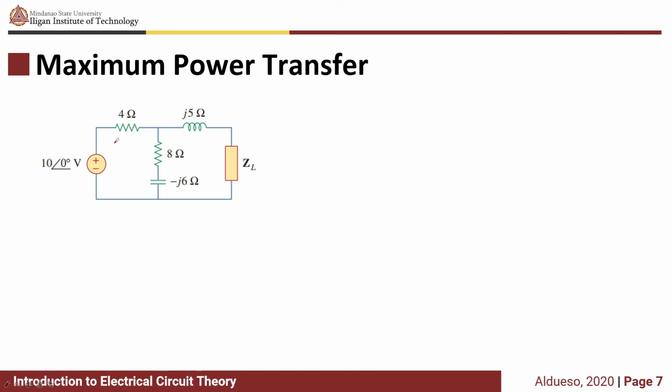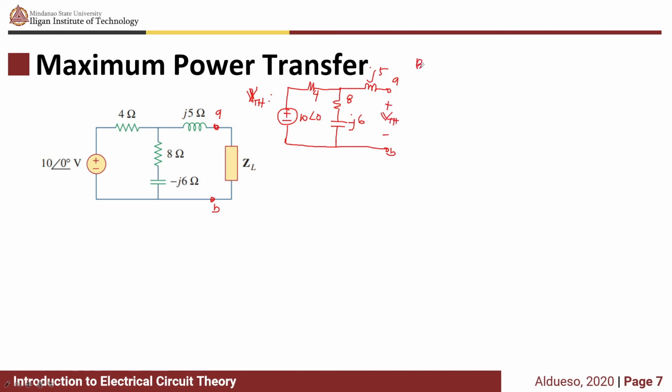So first, let's solve for the Thevenin equivalent circuit as seen in terminals A and B. For VTH, solving for the open circuit voltage is our VTH.